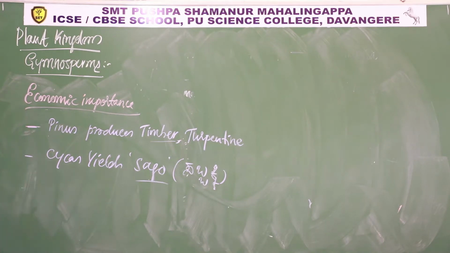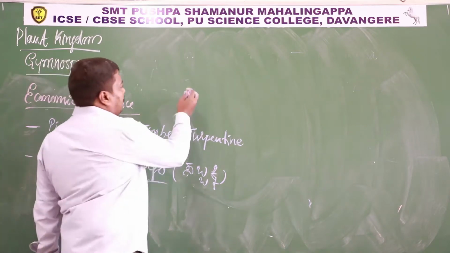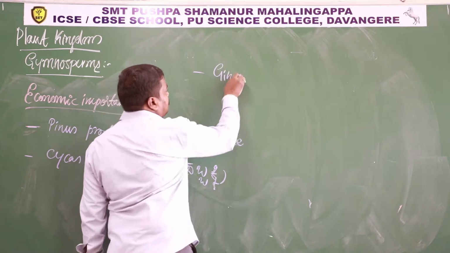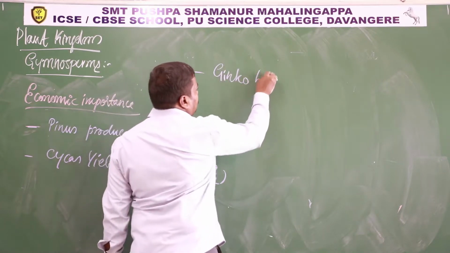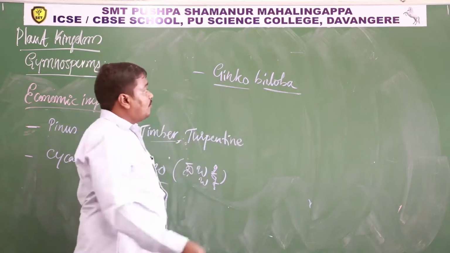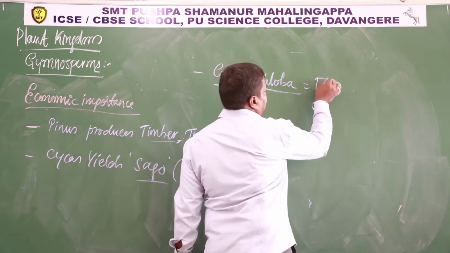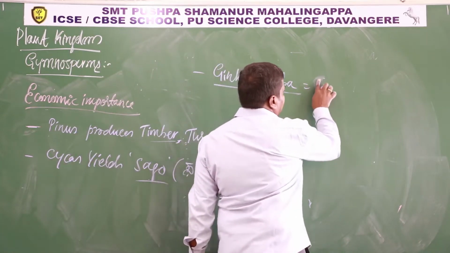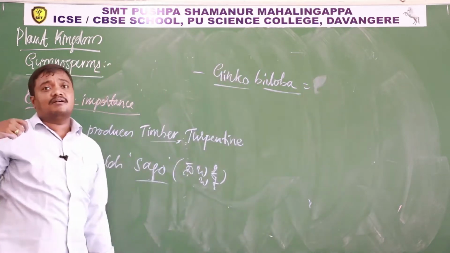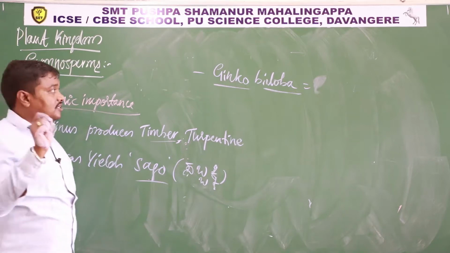So that is important. Then one more important point you need to remember is there is a plant called Ginkgo biloba. Presently the Ginkgo biloba fossilized plants are there, and living plants are also there.